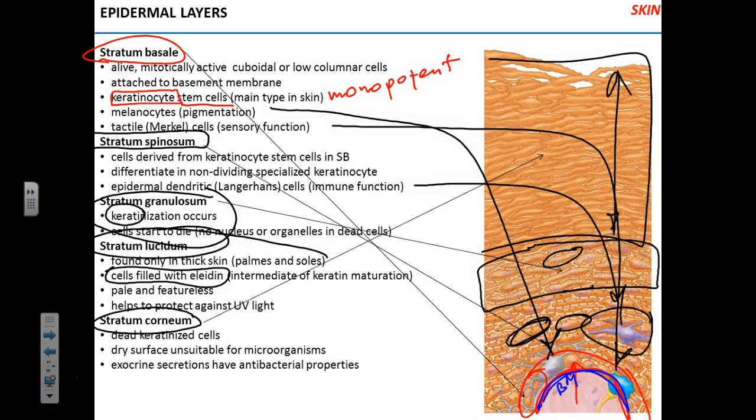Stratum lucidum can be found only in the thick skin, meaning palms, soles, toes, fingers.